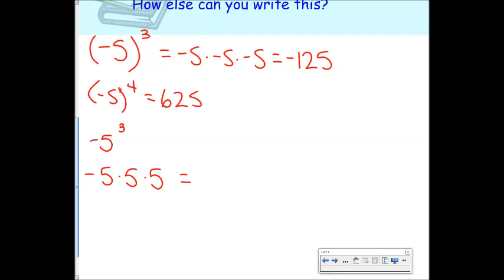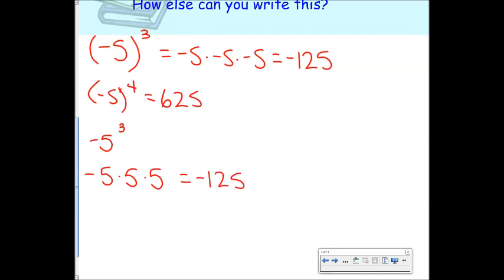Okay, so if there's no parentheses, that means only the first one is negative. So no matter what, your answer will be negative, because there's how many negative signs? Just 1. So this is going to give me negative 125. That's the tricky part.